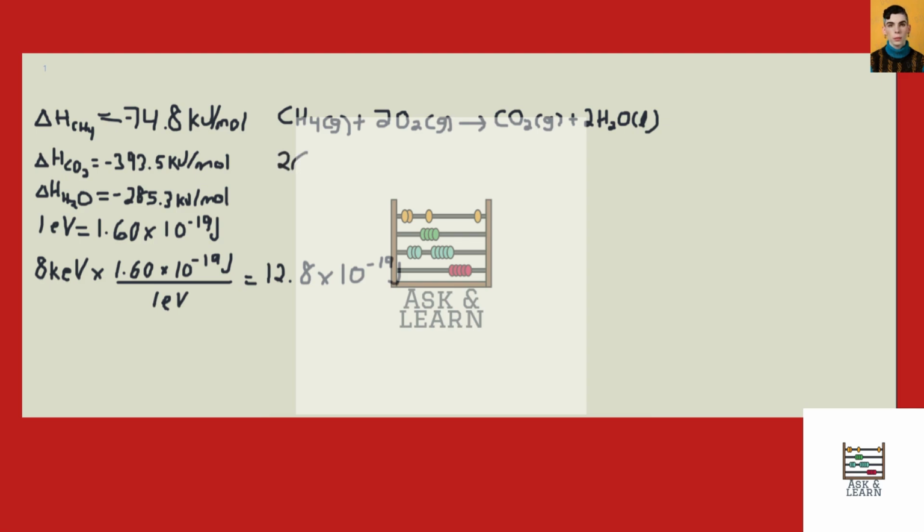Don't forget that in Hess's law, delta H of reaction is equal to delta H of products minus delta H of reactants.